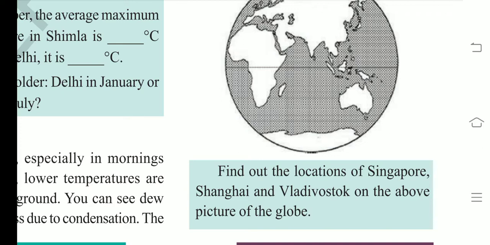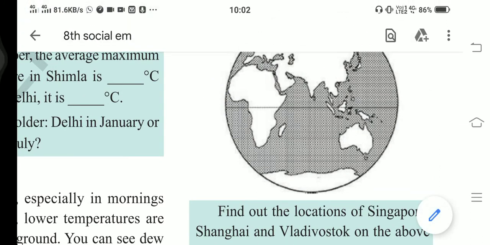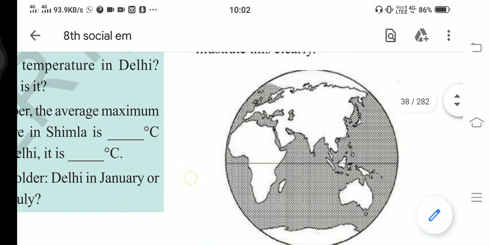So what is the factor here? That is the latitude, right? At lower latitudes the temperature is high, and at higher latitudes the temperature is low. So this is another factor which decides the temperature, right?